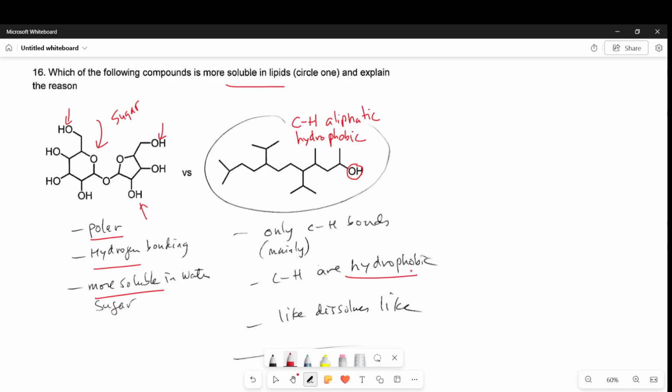They are mainly hydrophobic. Since it's like dissolves like, they dissolve in lipids. So this compound is most likely to be solubilized in lipids. Lipids are fatty acids and so on. So the fat can dissolve hydrophobic substances, which are only carbon-hydrogen bonds.